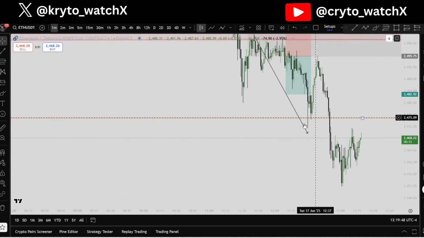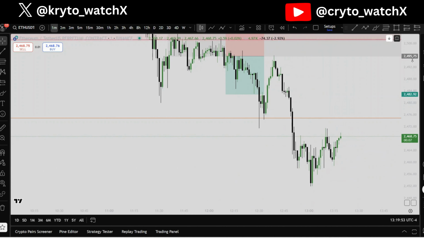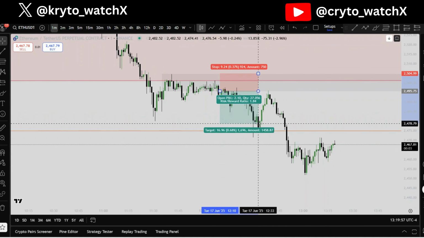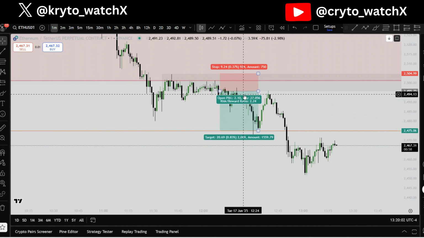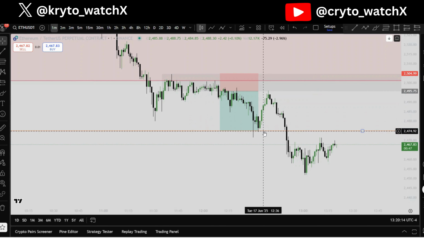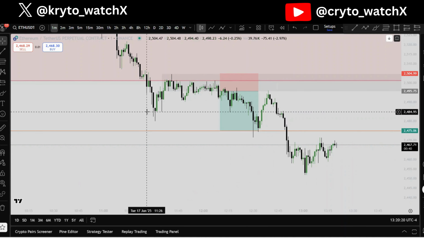Now if you come back to the 1 minute chart, we're going to mark our take profit. As you can see, we've got the entry right here at the bearish order block, and then the exit at the candle close of the 1 hourly in the past. This strategy works most of the time.